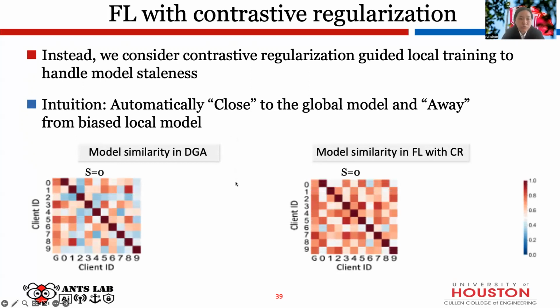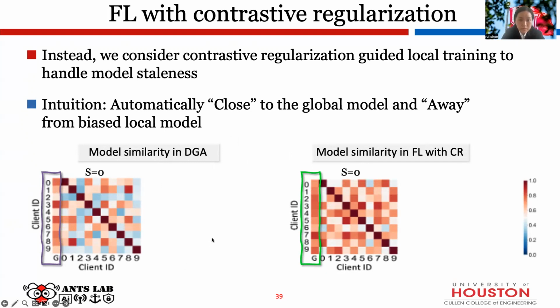And here we show the result, measuring the model similarity using different schemes. We find that when the staleness level equals 0, the two overlapping methods actually have a very high model similarity across the local model and the global model.